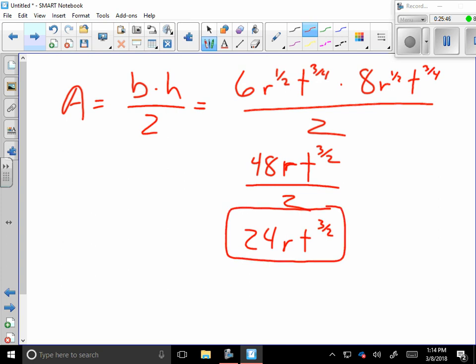That would be fine. Three-fourths plus 3/4 is 6/4, which reduces to 3 halves, in case you didn't realize where that came from.